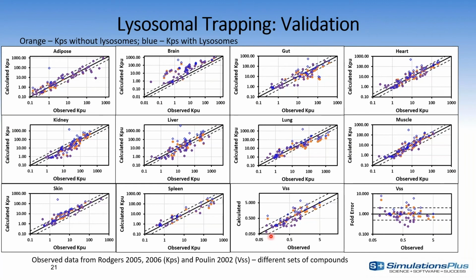For the final Vss calculation, you also observe some shift in the volume distribution, especially for the strong basic compounds. Each of the tissue data are from two papers published by Rodgers in 2005 and 2006, and the volume distributions are from Poulin 2002. These two sets of compounds are not necessarily the same.